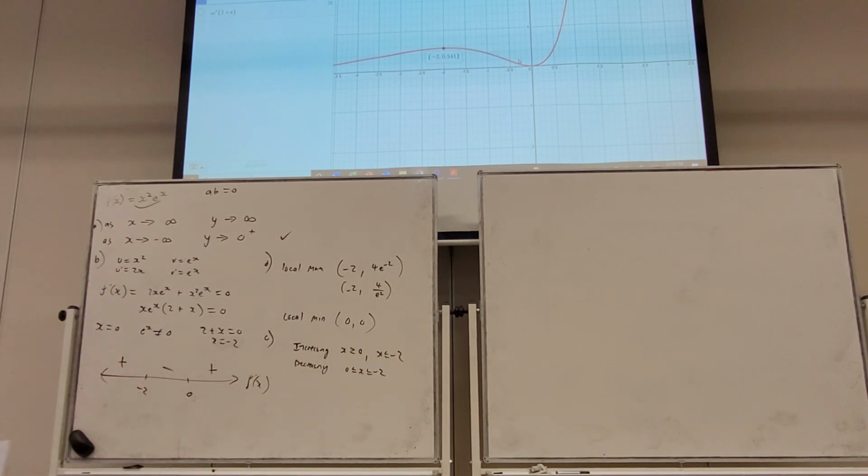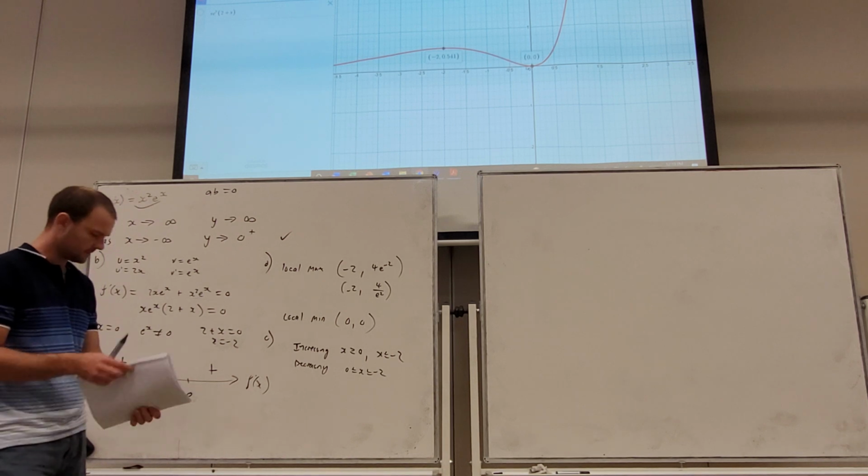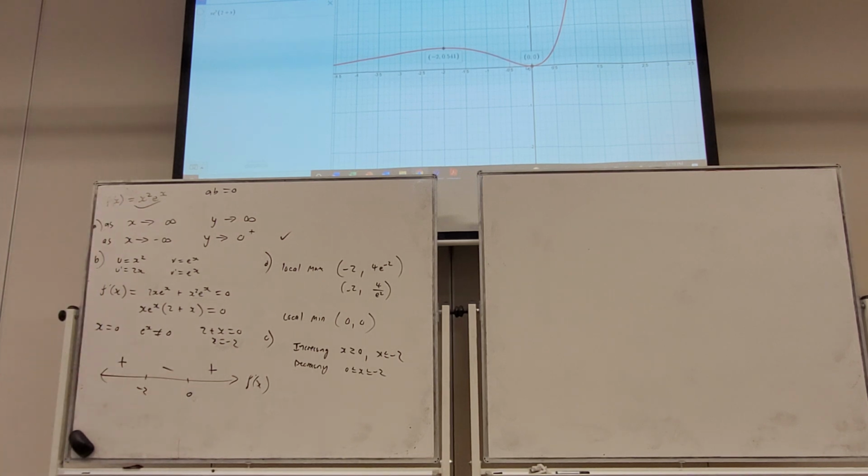And even that statement there, you can see from the original graph. We can see that it's decreasing between minus 2 and 0. If you were to walk along, you'd be walking downhill there, and you'd be walking uphill for the rest of the time. Sorry, that skipped C because it was done in both.